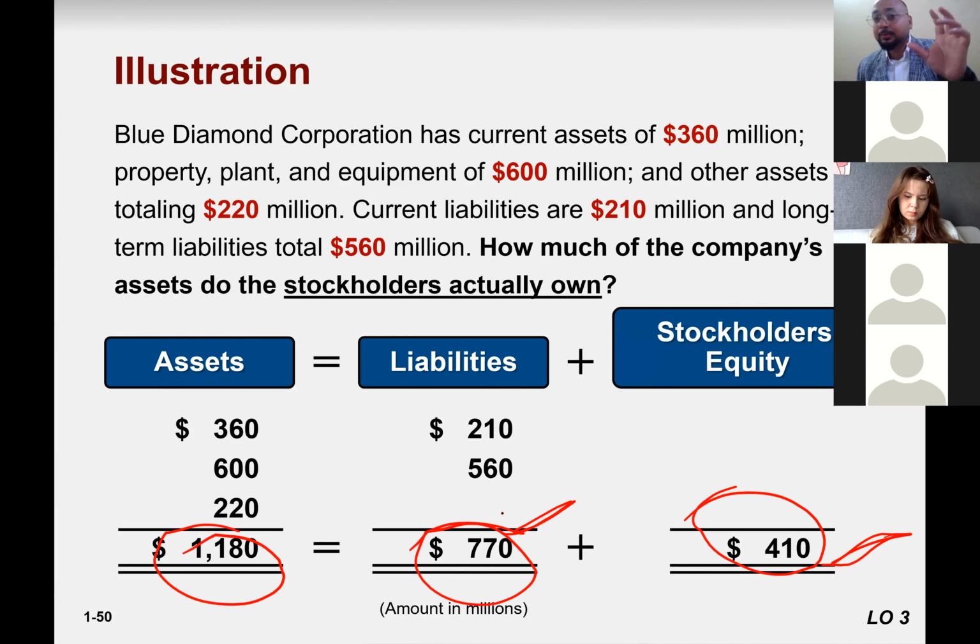So you can also think in different ways to see this equation. If you want to find out, like we did through the balancing figure, we found out the stockholders' equity, you can also, through a balancing situation, find out the liabilities as well. You can use different equation methods, right hand side, left hand side.